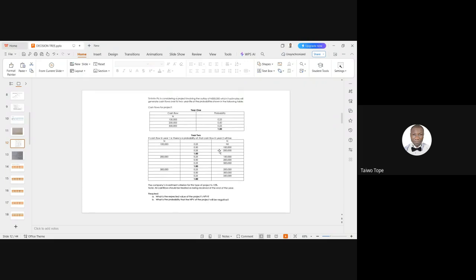In year 2, this 200,000 will lead to 100,000, 200,000, and 300,000. This 300,000 will lead to 200,000, 300,000, and 350,000. So, if you want to represent this on a decision tree, how will it look?